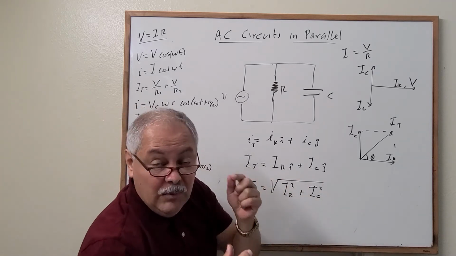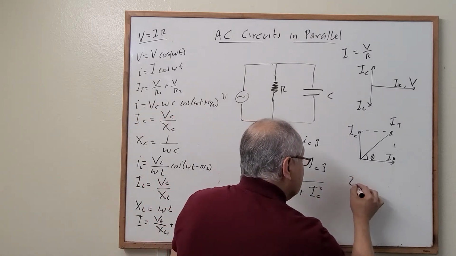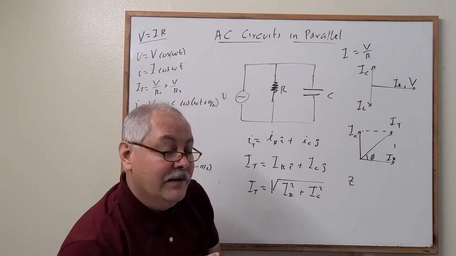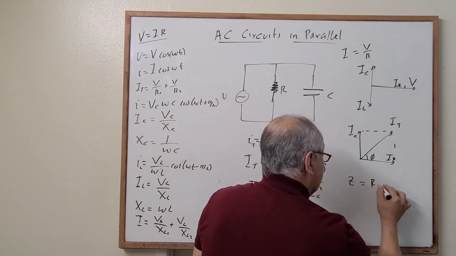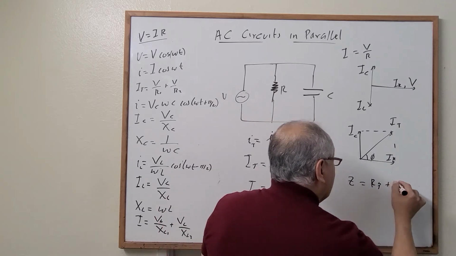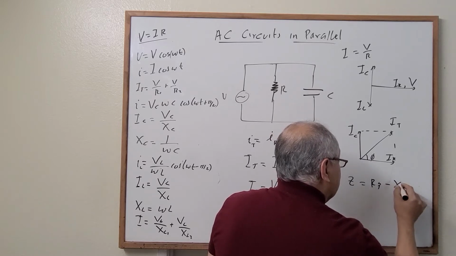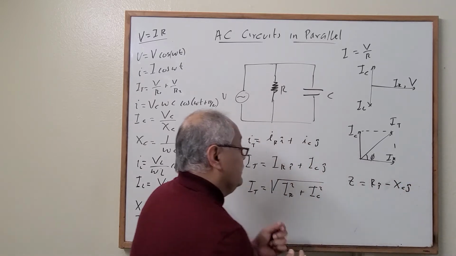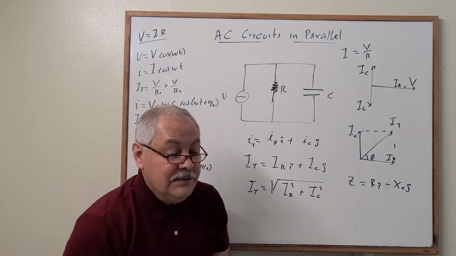Well, remember, when we're dealing with circuits in series, we found that Z, the impedance, is equal to the resistance in this direction plus the reactance, in this case negative, the reactance in that direction. Correct? Perfect.